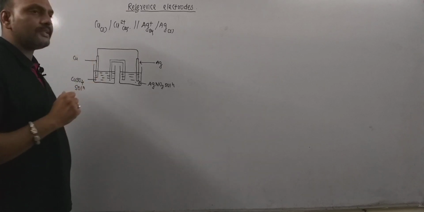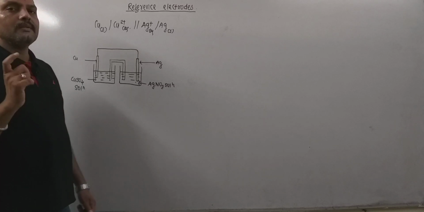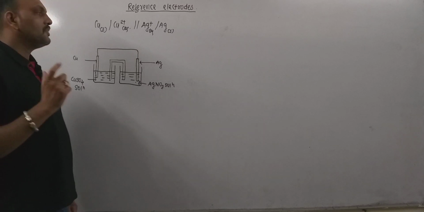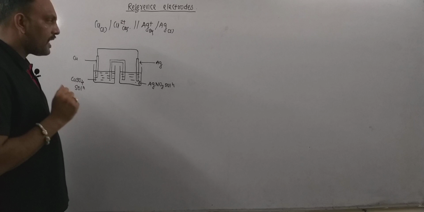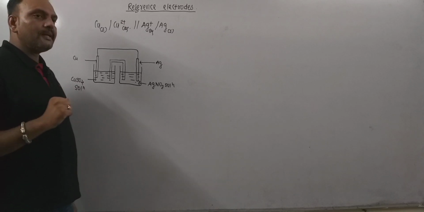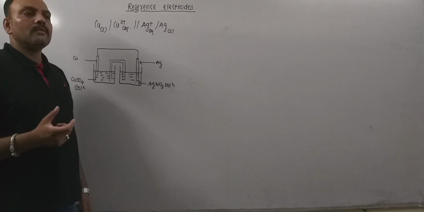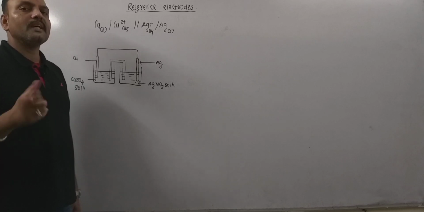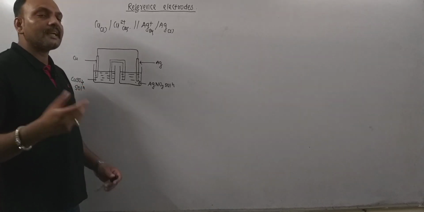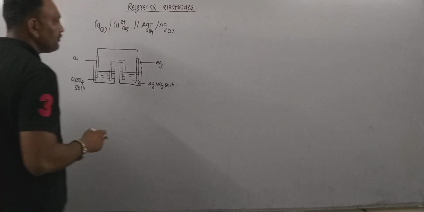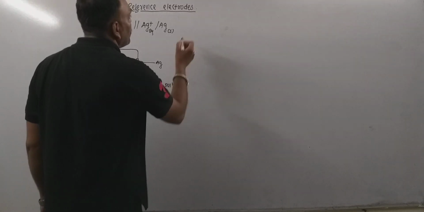Now the question arises, what about the potential of a single electrode? We have studied before that the potential developed at an electrode is due to the reaction taking place at the respective electrode. Now what happens right here?